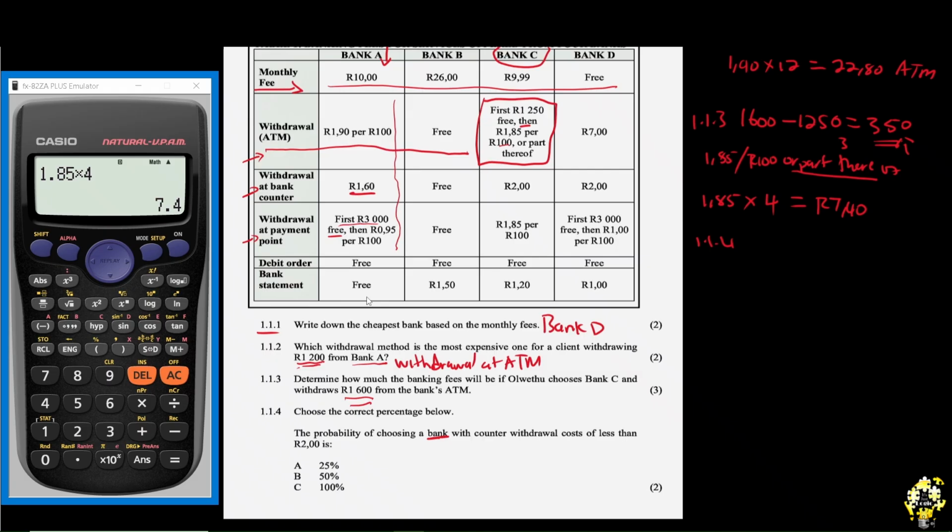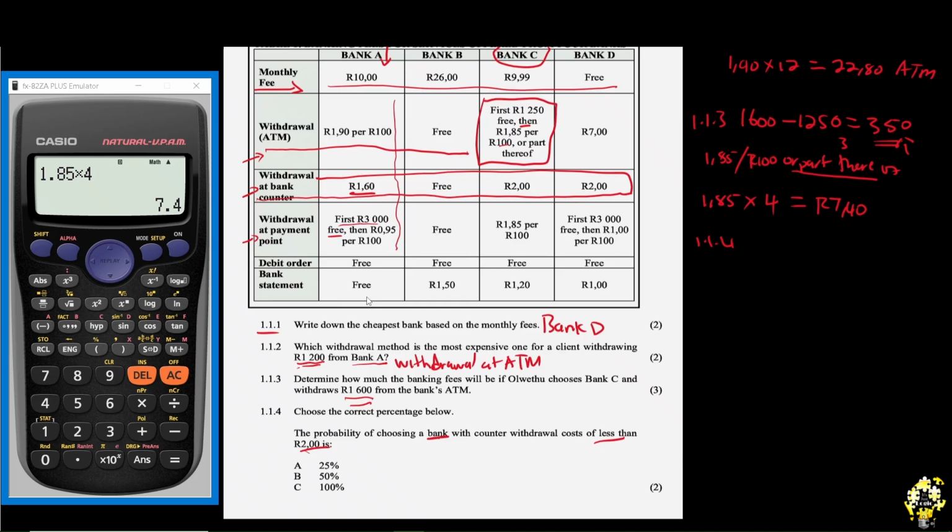Go and watch it and you will understand how to do probability. The probability of choosing a bank with counter withdrawals costs of less than. We are dealing with all banks, but we are dealing with counter withdrawals only. That is important. The probability of choosing a bank with counter withdrawals of costs less than 2 rand.